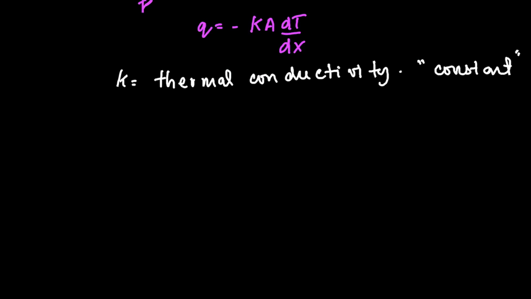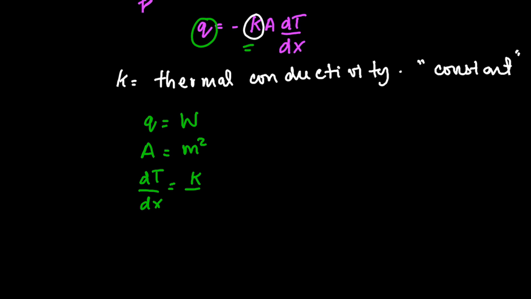So, what are the units for K? Interesting question. First of all, for Q, it's in watts. So if we were to get the units for K, we know that area is in meter square, and we know that dT over dx is in Kelvin per meter. So everything needs to cancel out to get us Q, watts. We'll do simple unit analysis over here.